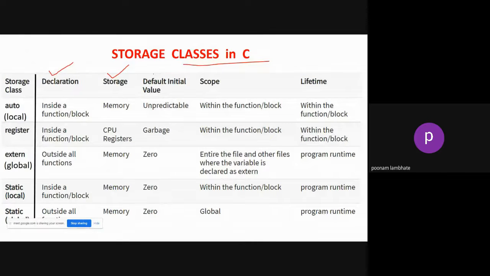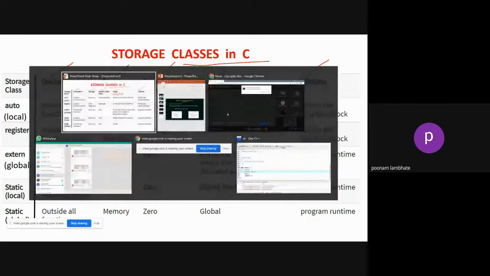And if you do not initialize this type of variable, what will be its default value? Then what is the scope and lifetime? Scope means where it is present, in which region of your program.